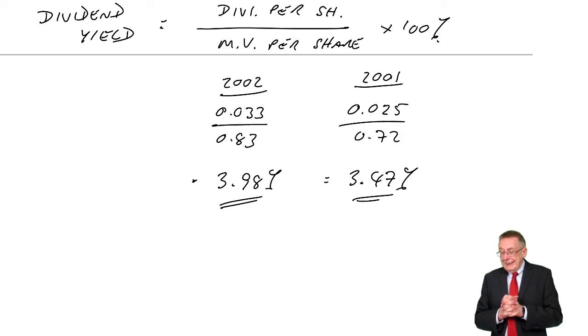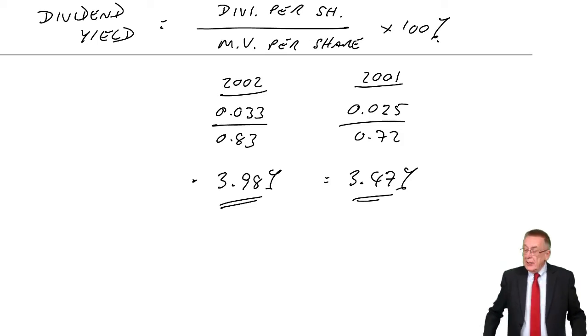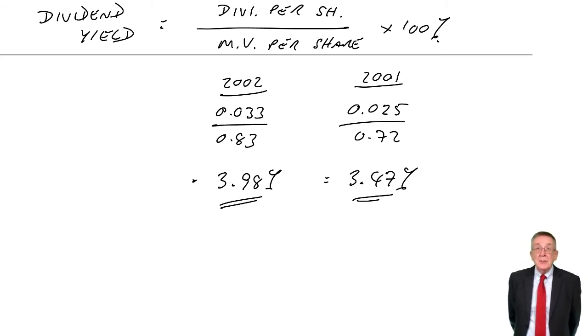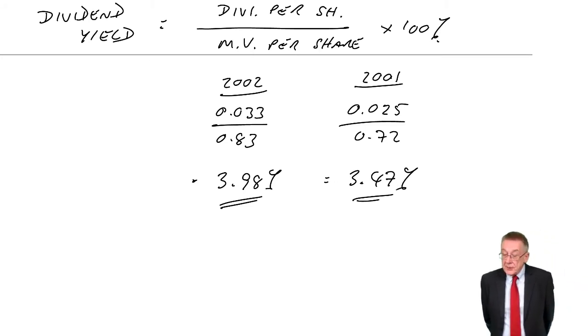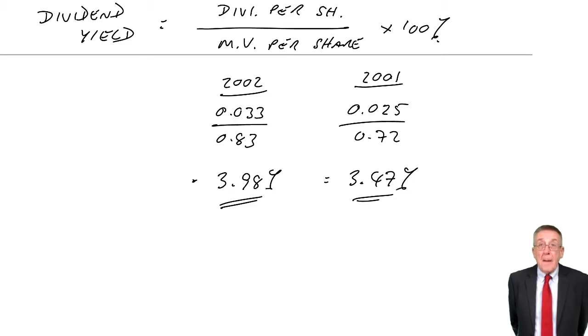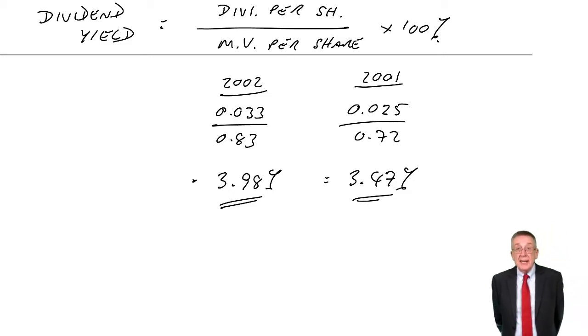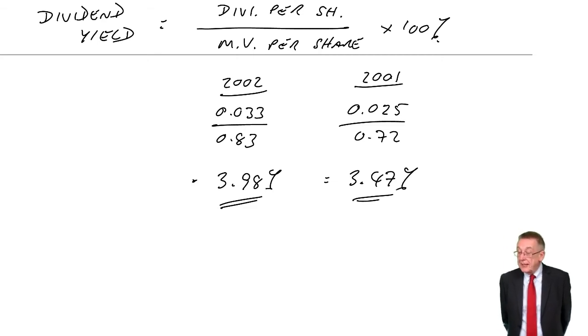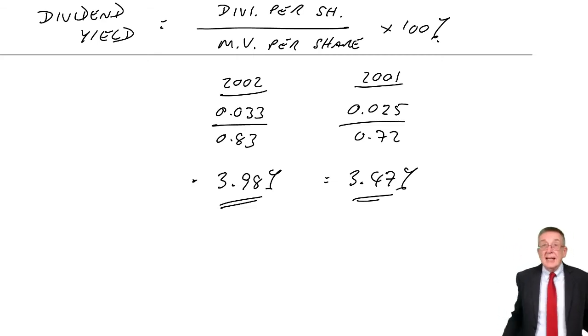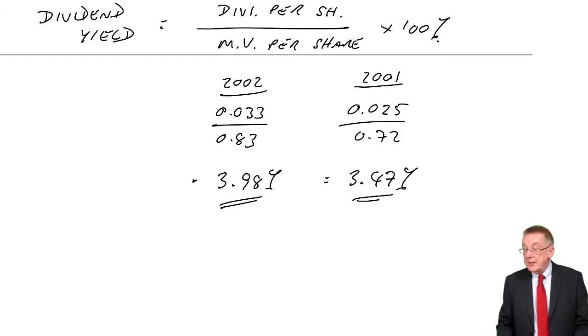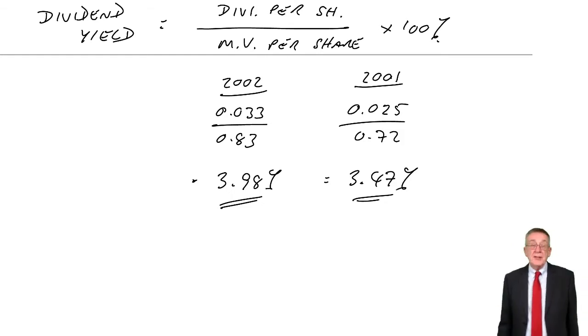Now, two things here. First of all, I think you can see why a shareholder might be interested and why this is printed in the newspapers. In 2002, if you're thinking of buying some shares on the stock exchange, you're paying 83 cents, dividend 3 cents. It's like getting interest at 3.98%, previous year 3.47%.